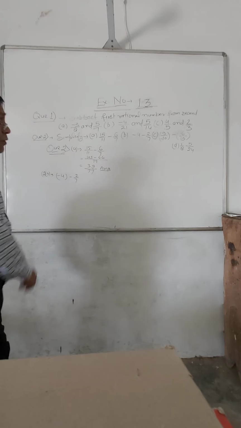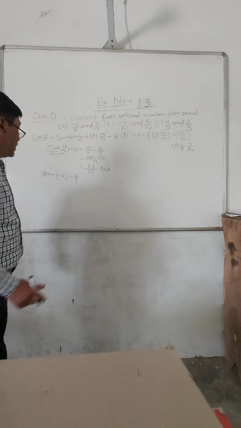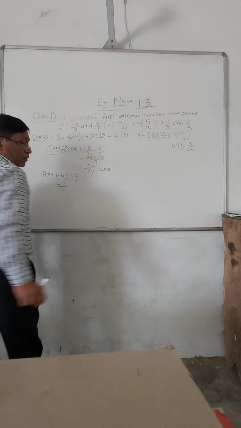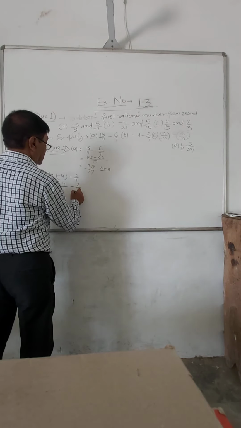This you have to simplify. Now here only minus 4 is given, so make it a fraction. If no denominator is given, you can write minus 4 upon 1. Again minus 2 by 7.